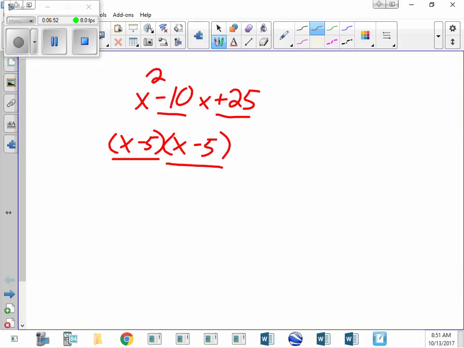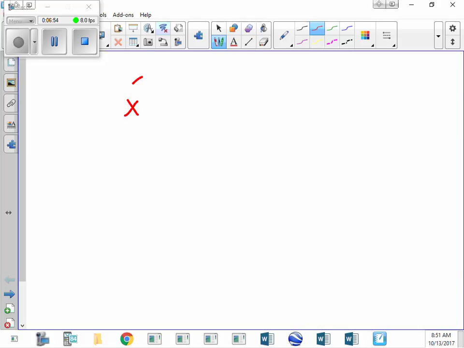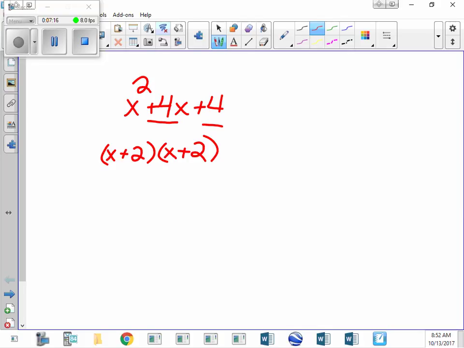Okay, let's try another one. X squared plus 4x plus 4. Does that fit the pattern? Well, cut this in half and you get 2, and 2 squared is 4. So what are my factors? X plus 2 and x plus 2.